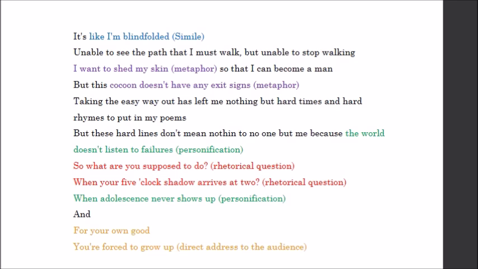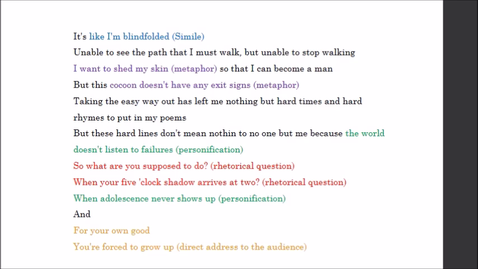I actually found a couple of metaphors. I found personification, kind of treating the world as though it was human. There were a couple of rhetorical questions in there. And down the bottom, there was a direct address to the audience in saying, for your own good, you're forced to grow up, where he speaks to us like it's actually us that are going through the experience. So I found a whole range of different techniques in there.